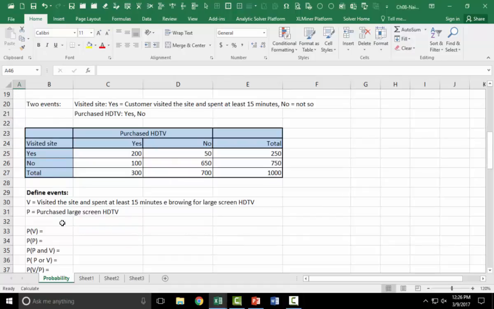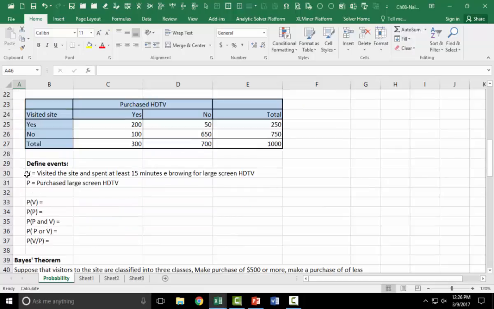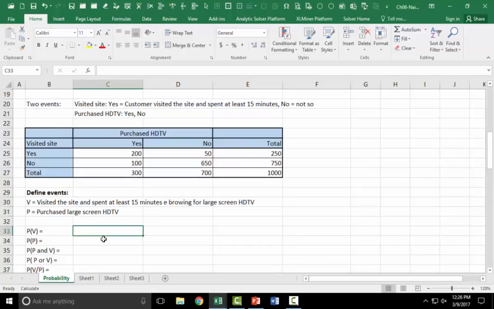Now if you define these events as V, having visited the site and spent 15 minutes browsing for a large screen HDTV, and P, the event of purchasing a large screen TV. So now the probability of V is that. So you have the margin.